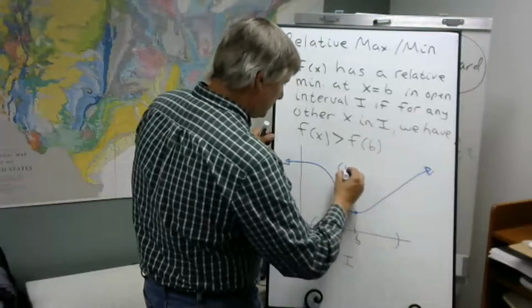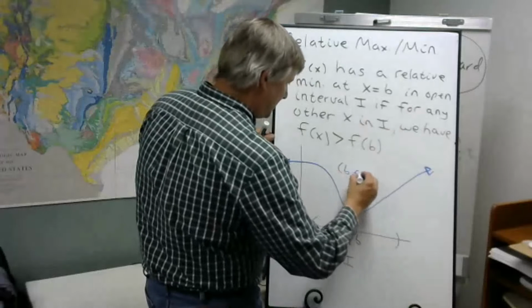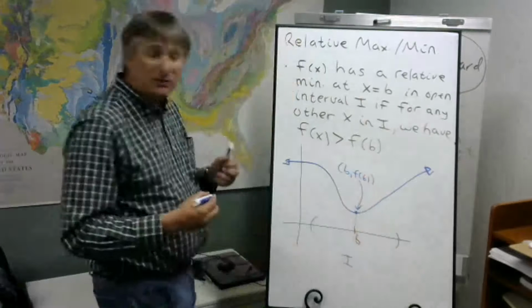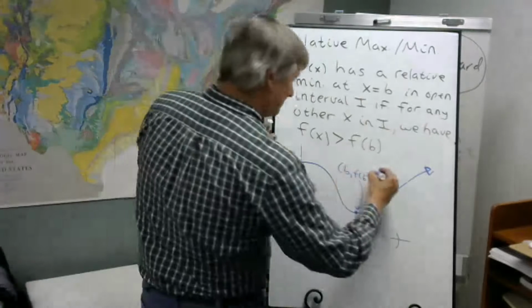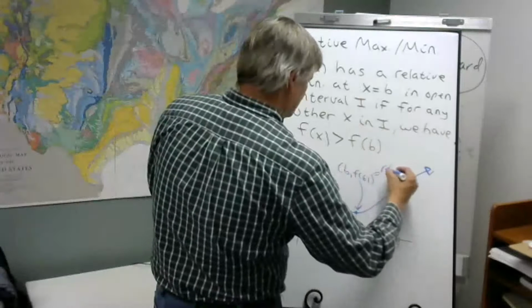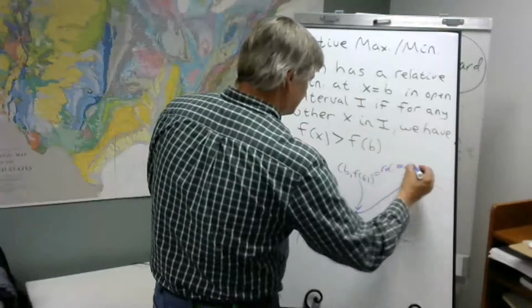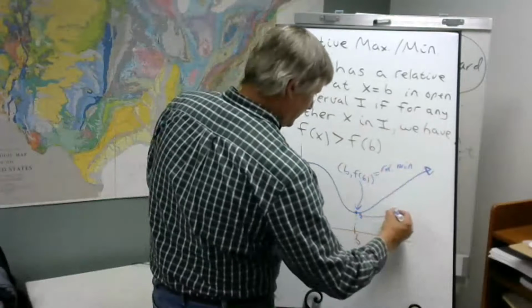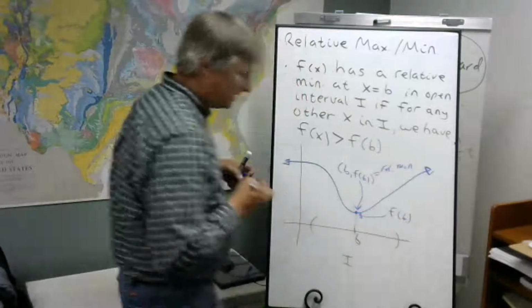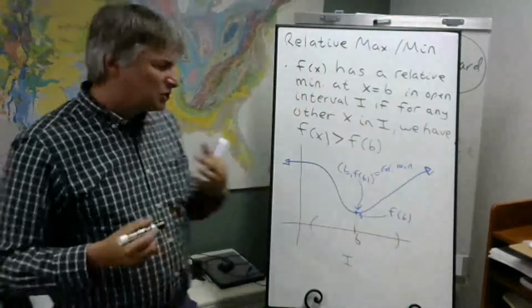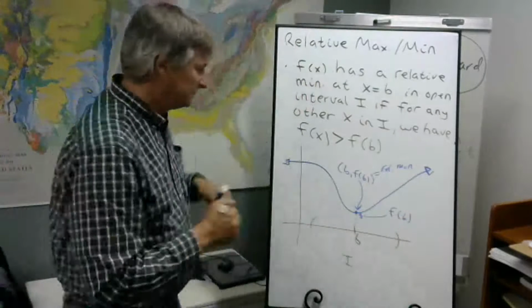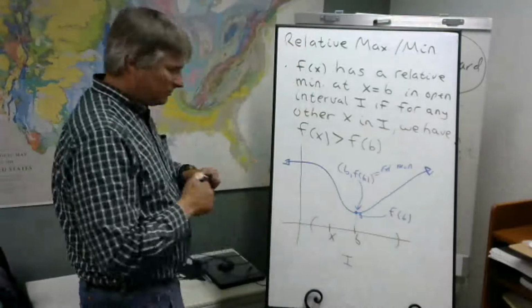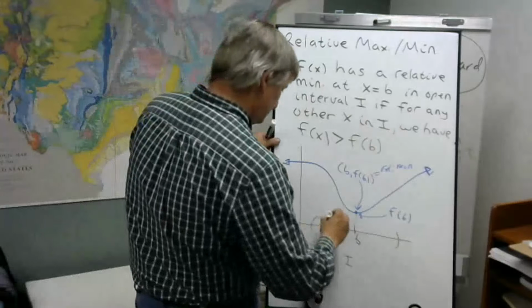So the point b, f of b, that's going to be a relative min. And then the value down here is f of b. And let's choose an x in this interval.